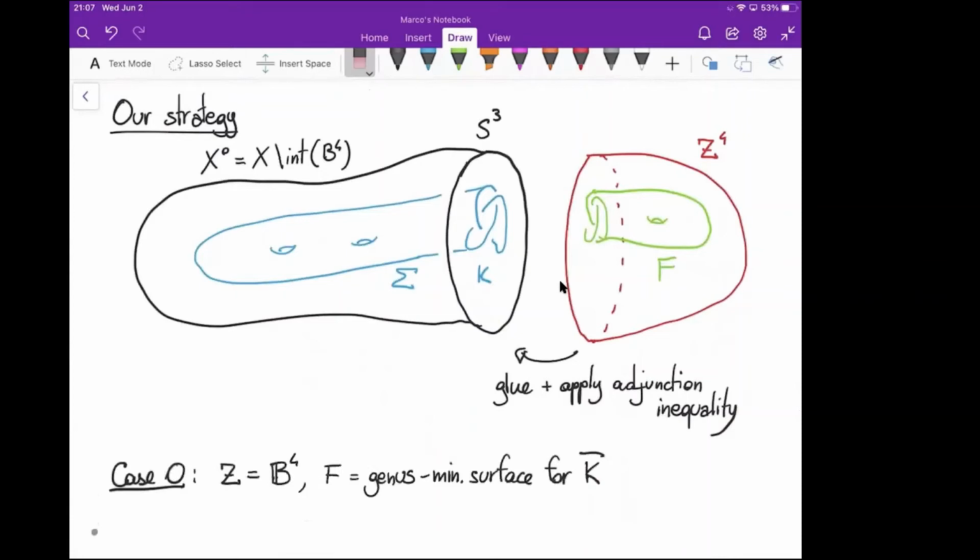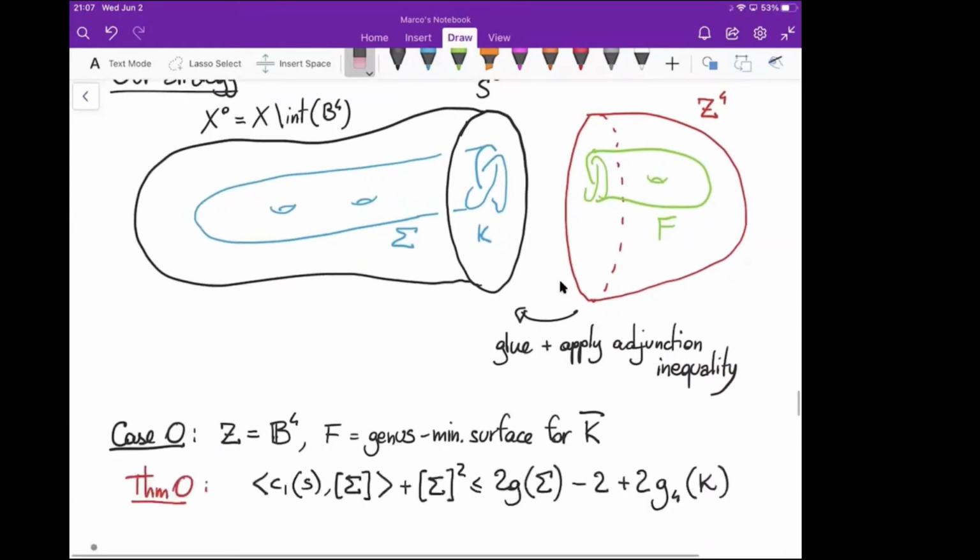So the easiest case you can try is to set Z to be a four-ball, which is the easiest possible four-manifold. And then for F, you can choose a genus minimizing surface for the mirror of K, the mirror because you're gluing from the opposite direction, inside the four-ball.